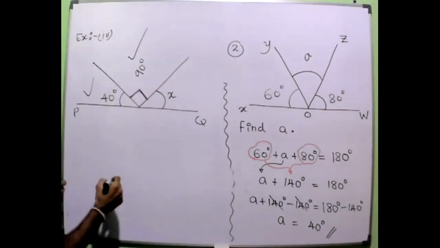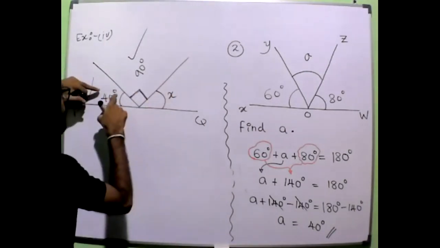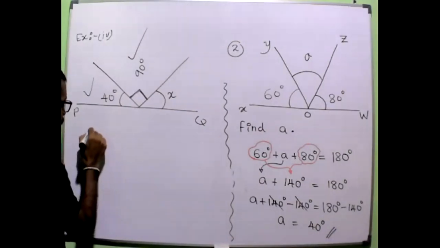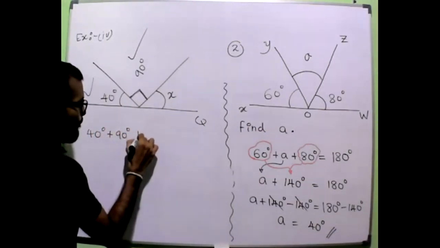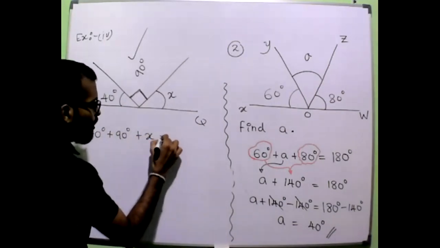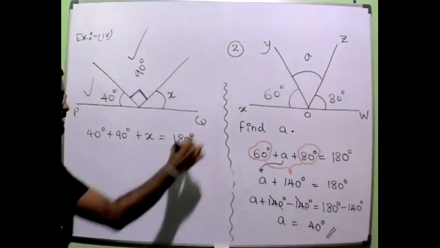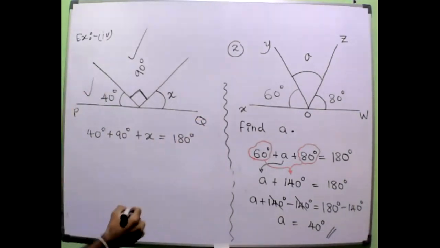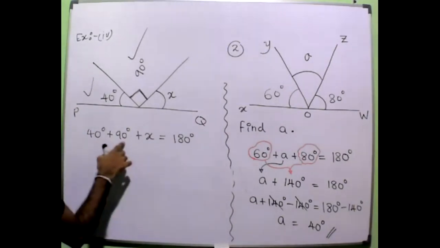So by looking at these three angles, you can write down 40 plus 90 plus x equals 180 degrees, right? Now these two are similar, 40 plus 90.